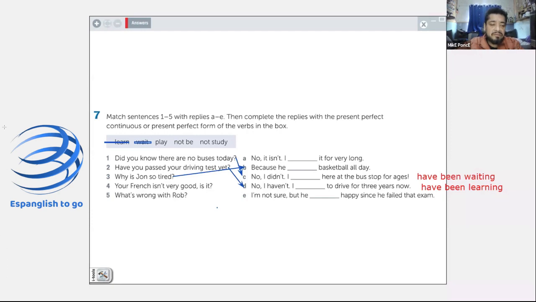And then we will use the verb play, or to play here in the past participle form. Why is John so tired? Because he has been playing. It's a possibility, it's an action in progress. He has been playing all day. The day maybe hasn't finished.